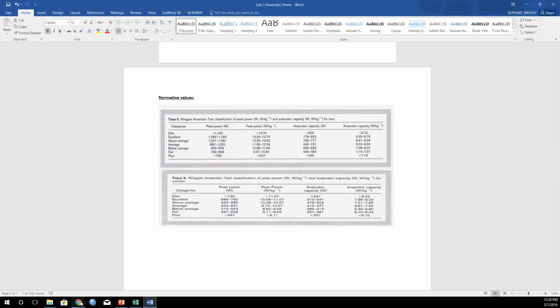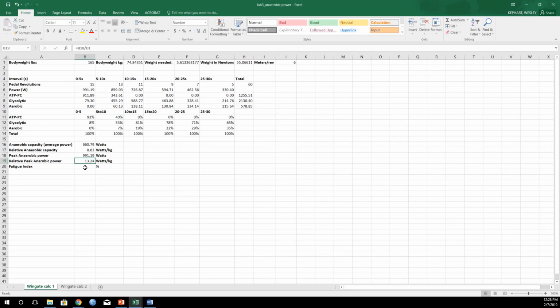The last thing that we're going to do is calculate this fatigue index. What a fatigue index is, is just your percent drop from your highest power output to your lowest power output. So what we could do here is equal sign.